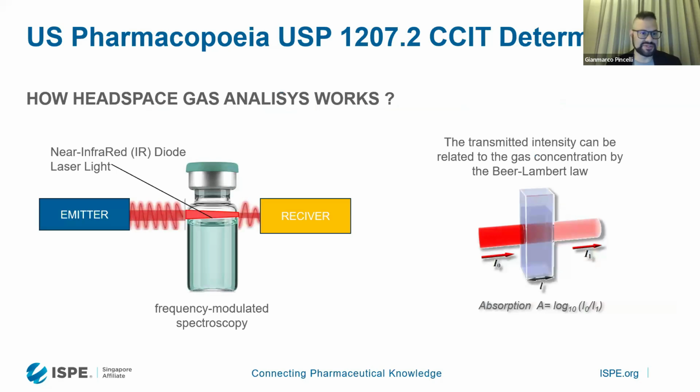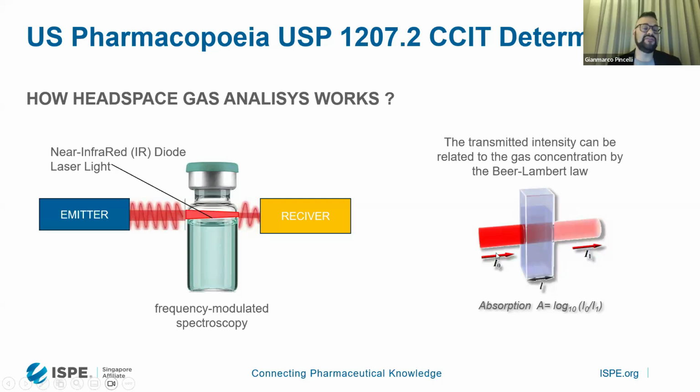So how it works, first of all. It's based on a near-infrared diode, with light passing through the container. So you need to have one emitter and one receiver. The light is emitted and received. If you have some absorption of the light by the oxygen molecule, for example, you have a different light passing through the container.